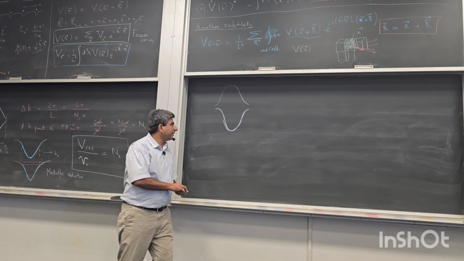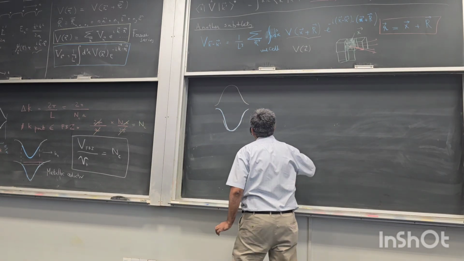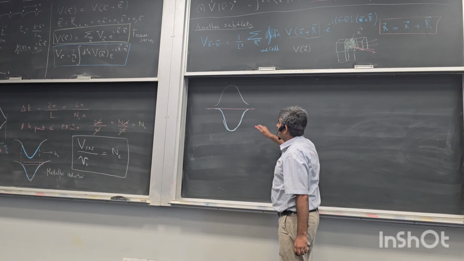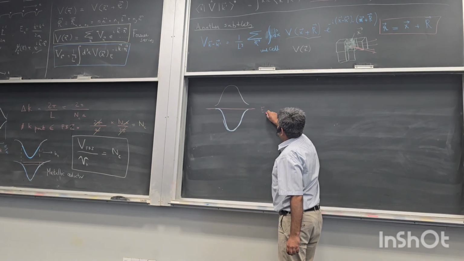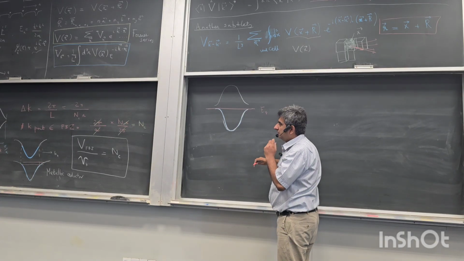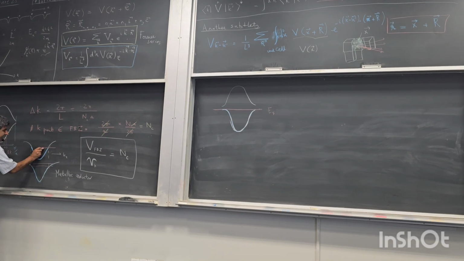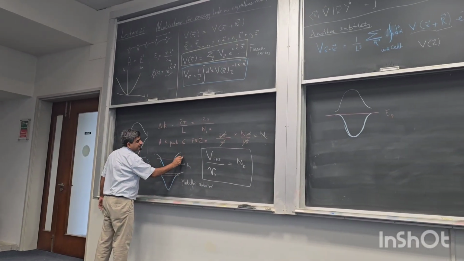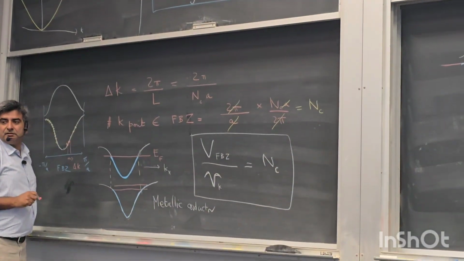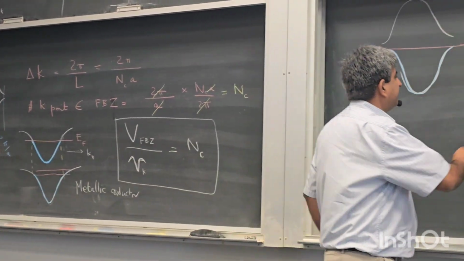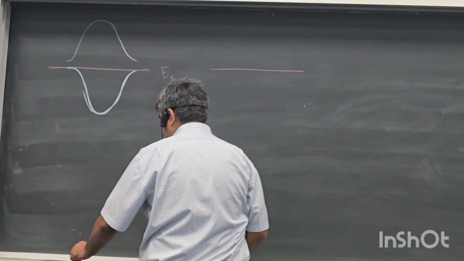You could also have, in this case, the Fermi energy right at the edge of the band, EF. Here, the Fermi energy is inside a band. So this is the metallic conductor. You could also have scenarios in which this is the Fermi energy and there are 2 bands.